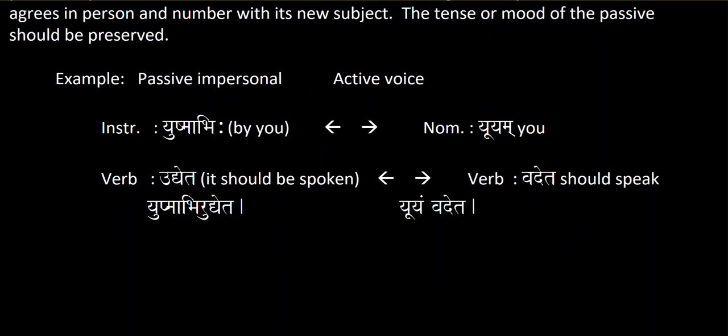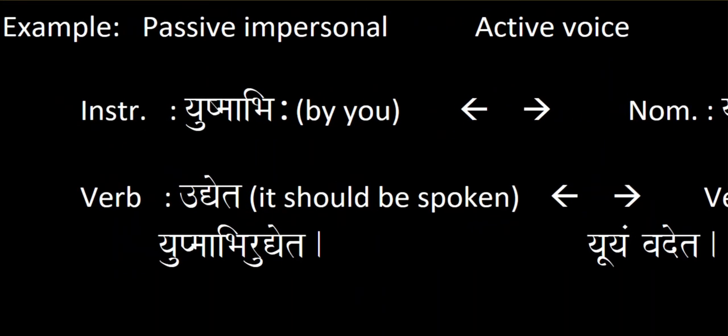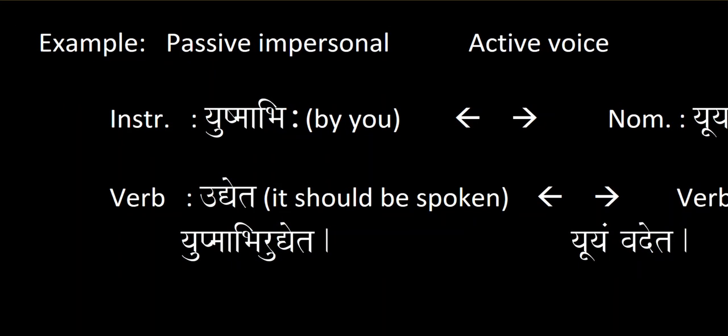This sentence is, it should be spoken by you. So we have yushmabhih, by you in the instrumental case, and then our verb in third person singular passive, udyeta, it should be spoken.